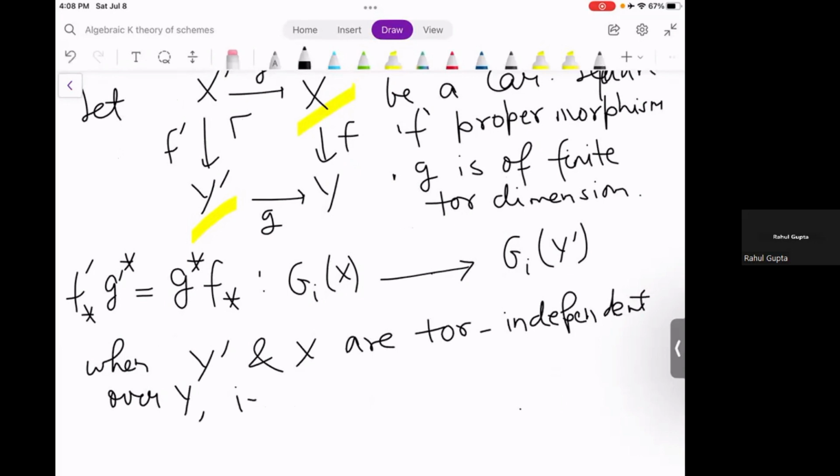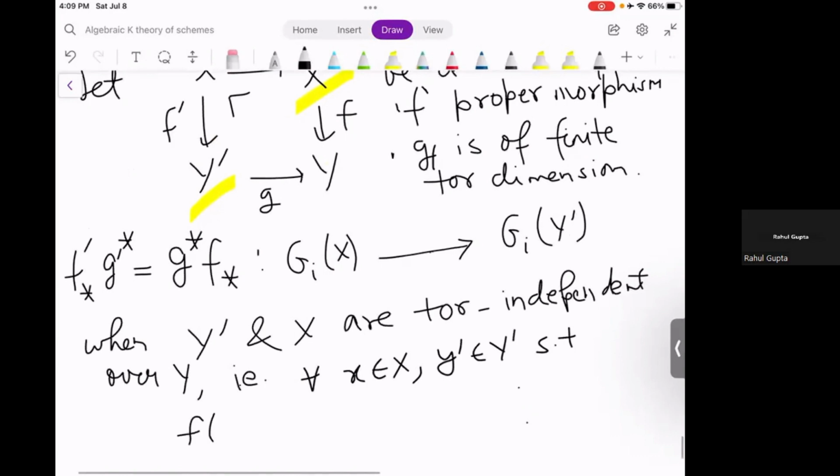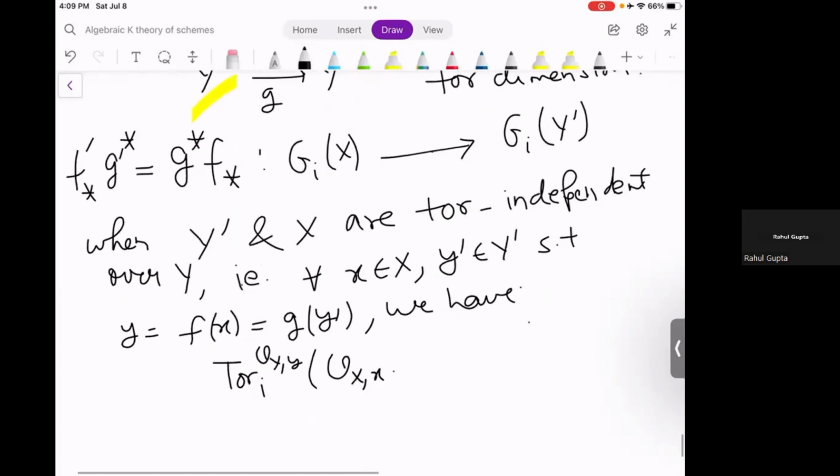So what does this mean? Let me just spell it out. For every x in X and y prime in Y prime such that F of x is equal to G of y prime, equal to y, we have Tor_i of O_{Y,y}, O_{X,x} and O_{Y',y'} equal to 0 for every i.